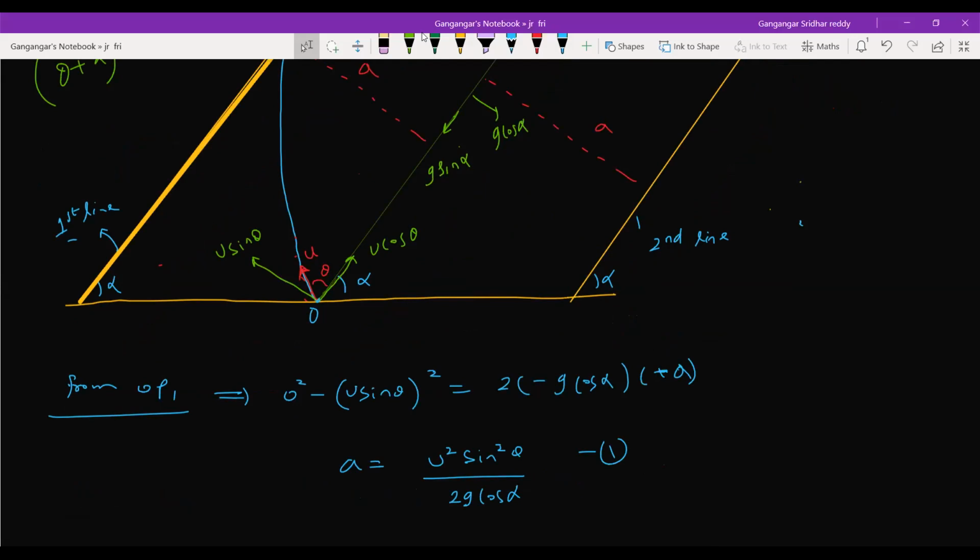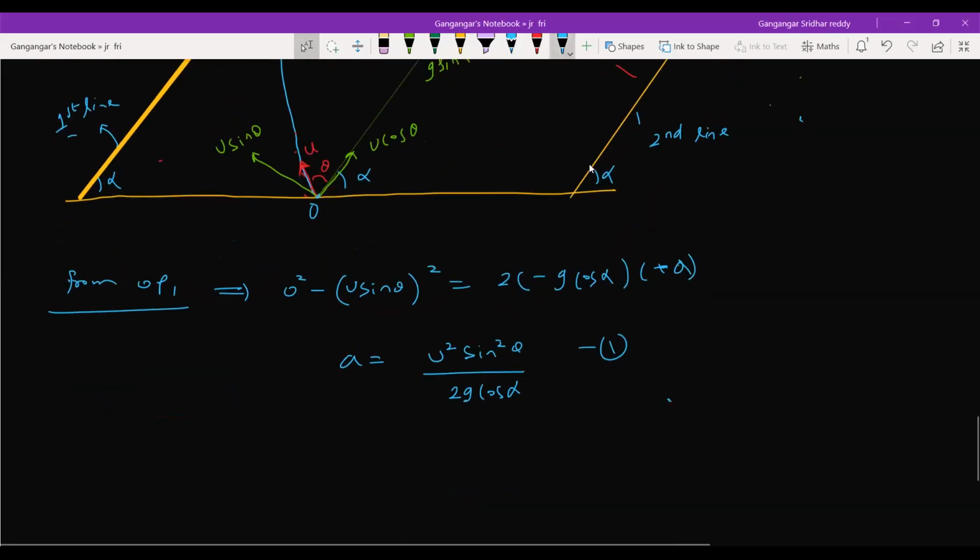Next, shall we take the time taken to move from O to P2? From O to P2, we'll write one equation. Final velocity will be 0.